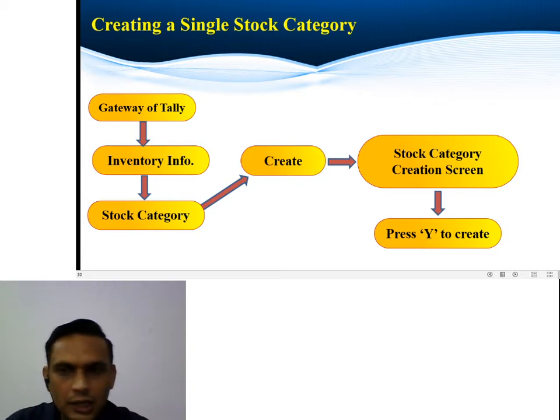To create a category, again we should follow the steps. Gateway of Tally, inventory info, stock category. To create a new category, click on the create option. The stock category creation screen will display. Press yes to create.